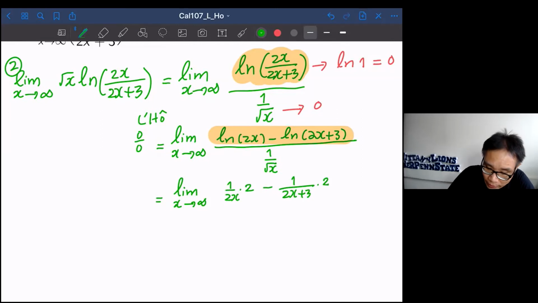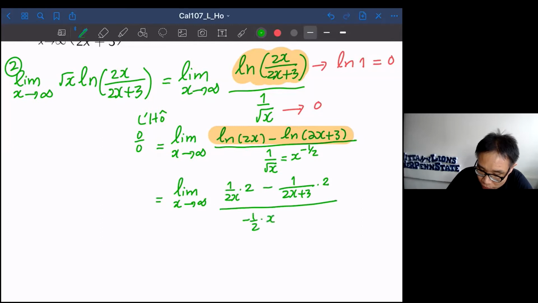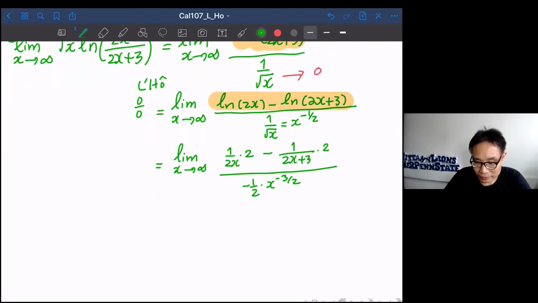And for the bottom, this guy is x to the negative 1/2, so it's going to be negative 1/2 x to the negative 3/2. So we're done with calculus here.